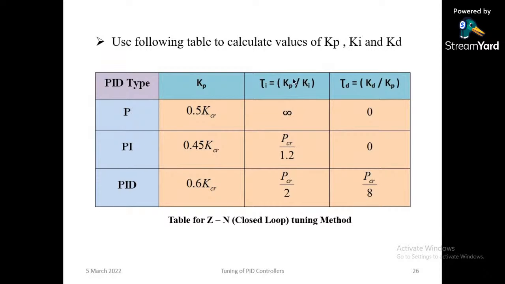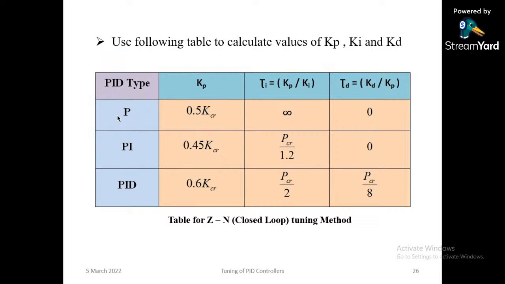Always remember these two formulas: tau I and tau D, time constants. If I am using only proportional control, I am not using integral and derivative controls. Both are equal to 0. Both equal to 0 means the value of Ki is 0.